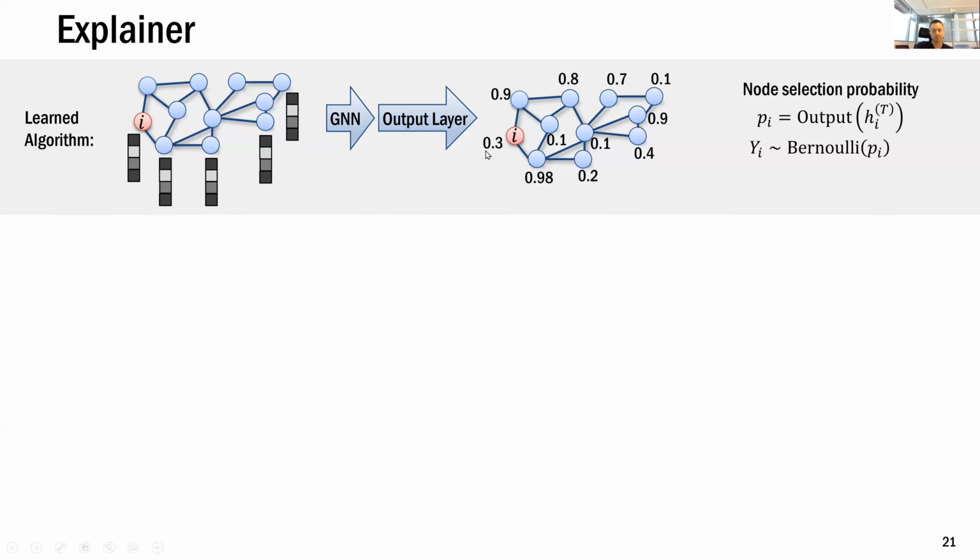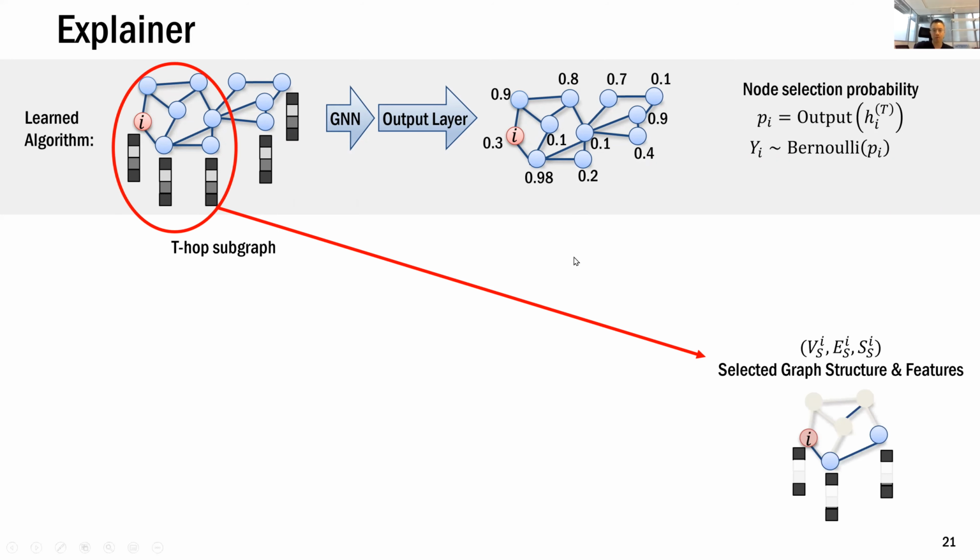And then what we expect the explainable model to do is, given this particular node I and also the graph around it, to produce something like this, okay? Some kind of indicator saying that it is this particular edge around this node I, and it is this particular feature augmenting that node, which helps us to make a decision that this node should be selected with the probability 0.3, okay?